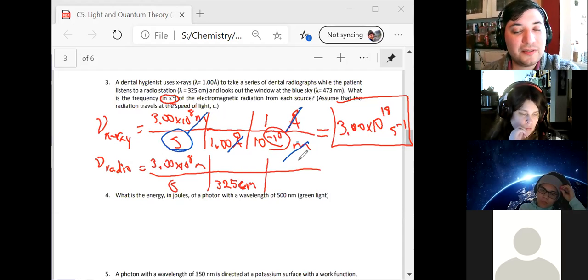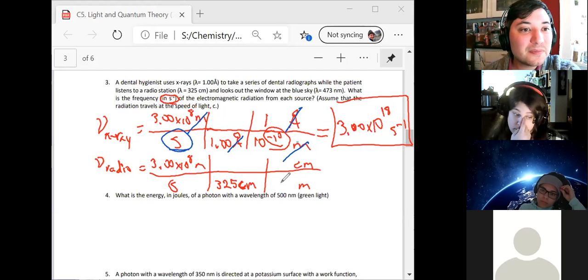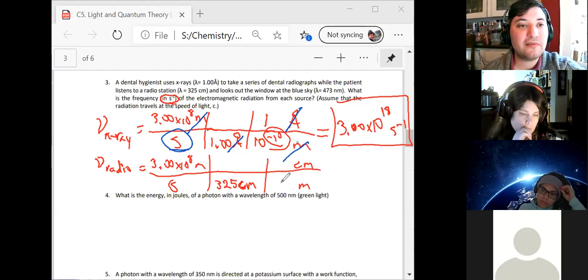And can anyone tell me off the top of their head what our conversion from centimeters to meters is? Wouldn't that be 3.25? Nope, it's 325. There's no decimal in there. Oh, I'm thinking about with the exponent. My bad.